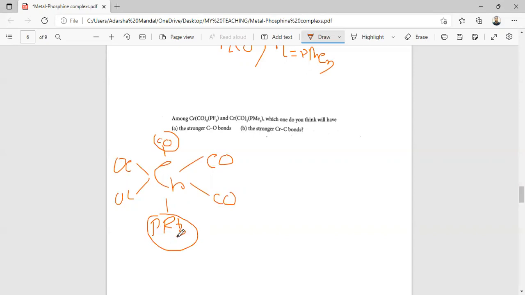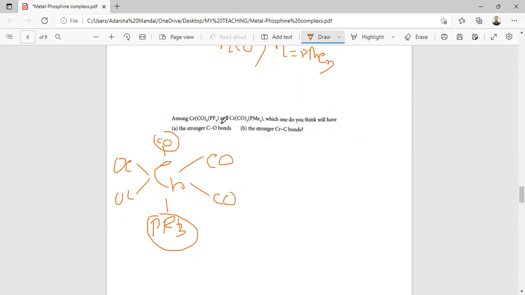So the more electron donation to the metal center will favor more back donation from the metal to carbonyl, and that will strengthen the chromium-carbon bond and increase the CO bond length.